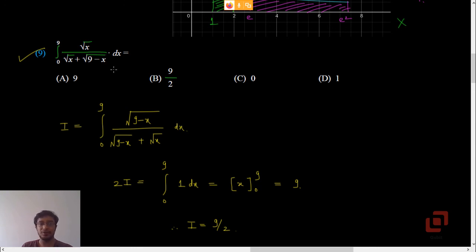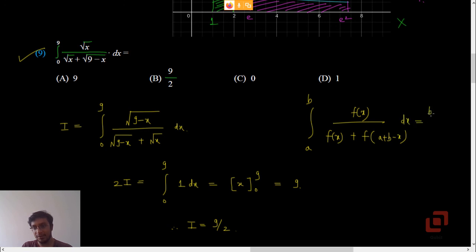This problem is based on the very commonly known property of definite integrals, which says if the integrand is in the form f of x upon f of x plus f of a plus b minus x, and if the limits are a and b, then the value of this definite integral is b minus a upon 2. You can see the same thing here.